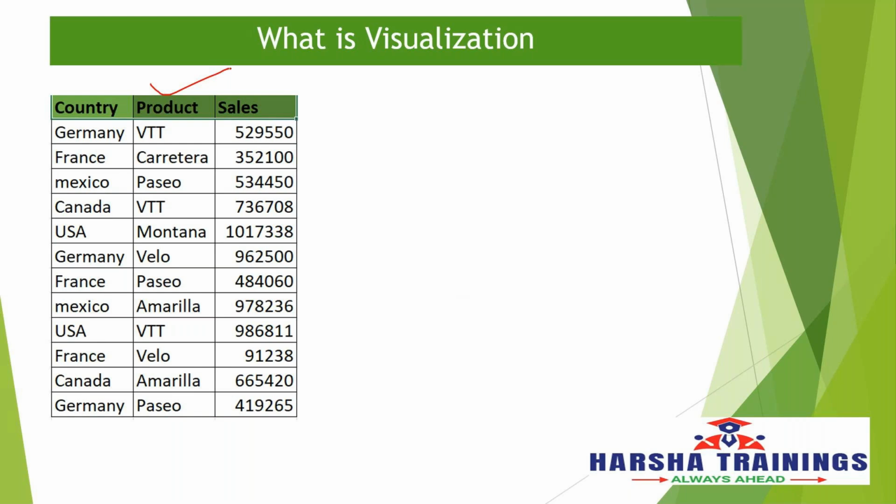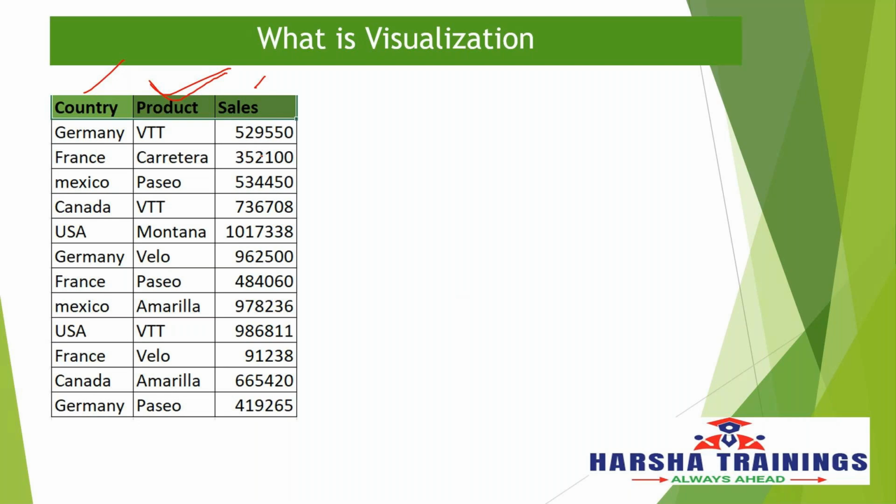So there are countries and there are sales. Regarding each product, I'm getting some sales here. Now, my requirement is: for each and every country, how much total sales are performing and what percentage of sales is performing.